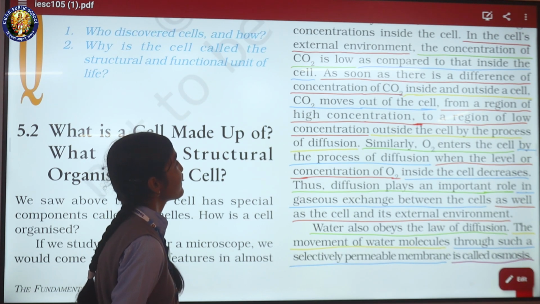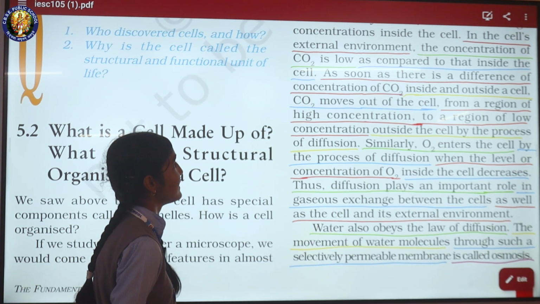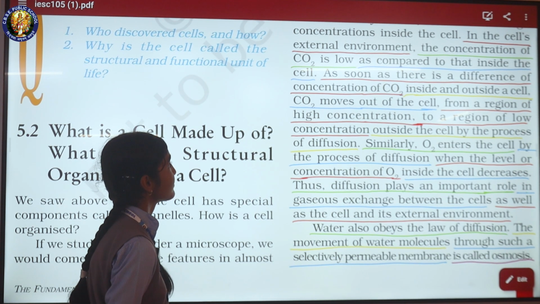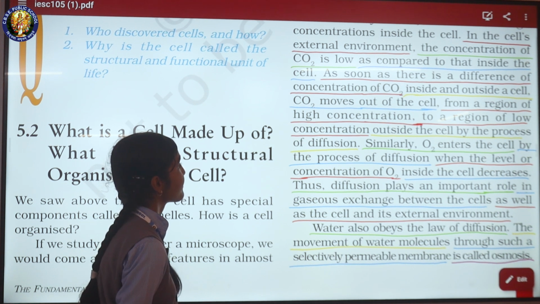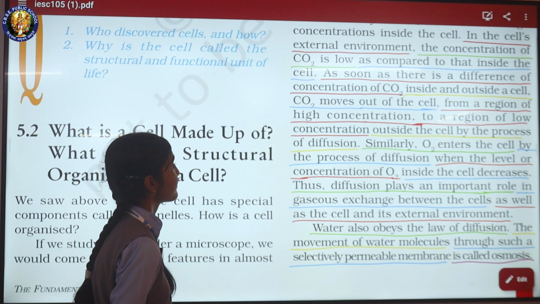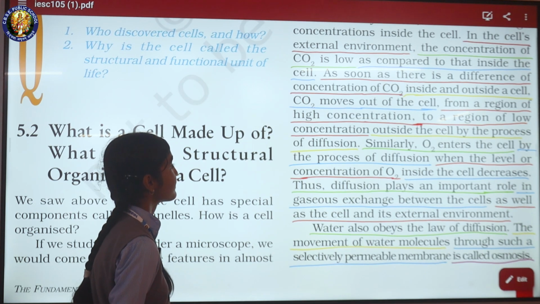As soon as there is a difference of concentration of CO2 inside and outside the cell, CO2 moves out of the cell from a region of high concentration to a region of low concentration outside the cell by the process of diffusion.